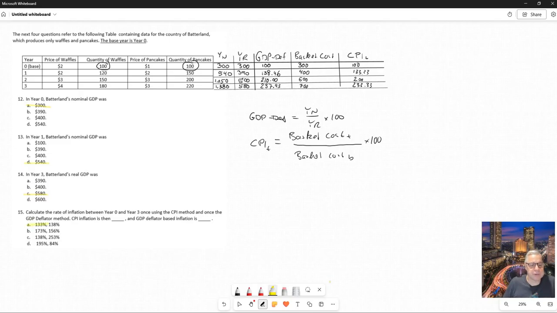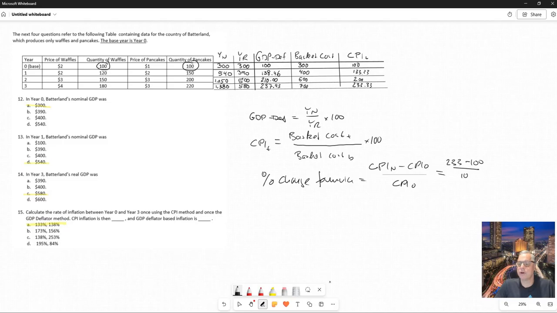So that should be this one here. And the way we calculate it, of course, the percentage change formula is: we take the CPI new minus the CPI old, where the new is year 3 relative to the old, over CPI old. So we would do 233, skipping the decimals, minus 100, over 100.